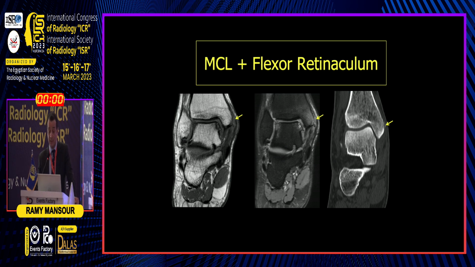One last point: whenever you see this tiny avulsion fracture of the lateral malleolus, this is an indication of avulsion of the flexor retinaculum. And as I mentioned, the ligament tear always happens from medial to lateral. So when you see this avulsion fracture on plain X-ray or CT, that means the MCL is torn, and there is probably another associated injury with the MCL.